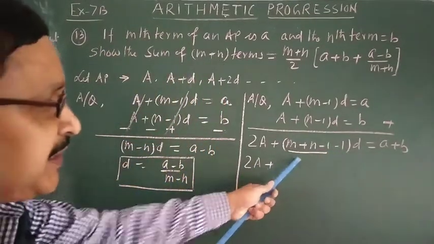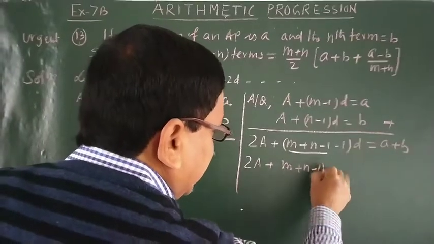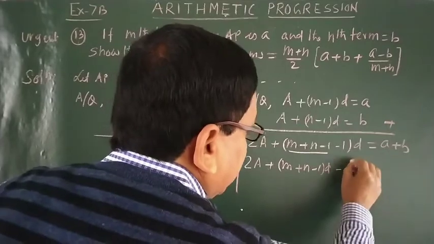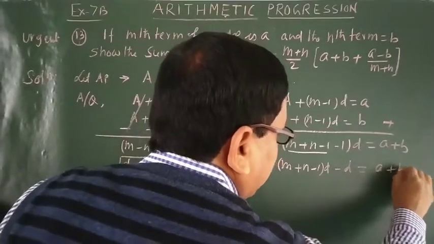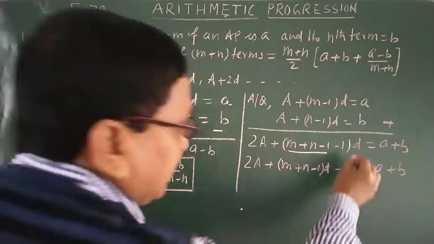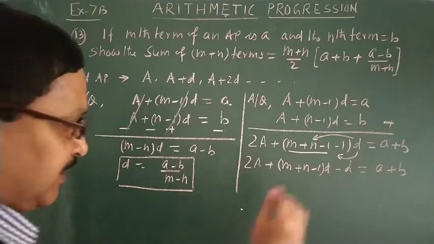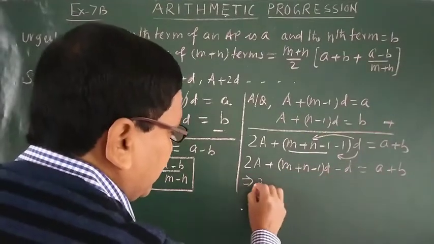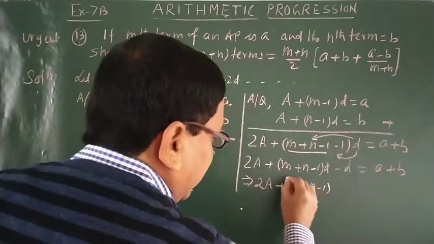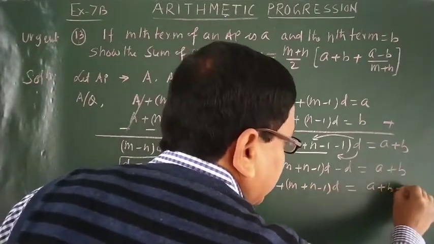Why is this being kept? This is (m plus n minus 1)d minus d is equal to a plus b. So why has this d been separated? When d is multiplied with 1 and d is multiplied with this, there is a reason. Just now you will know: 2A plus (m plus n minus 1)d is equal to a plus b plus d.